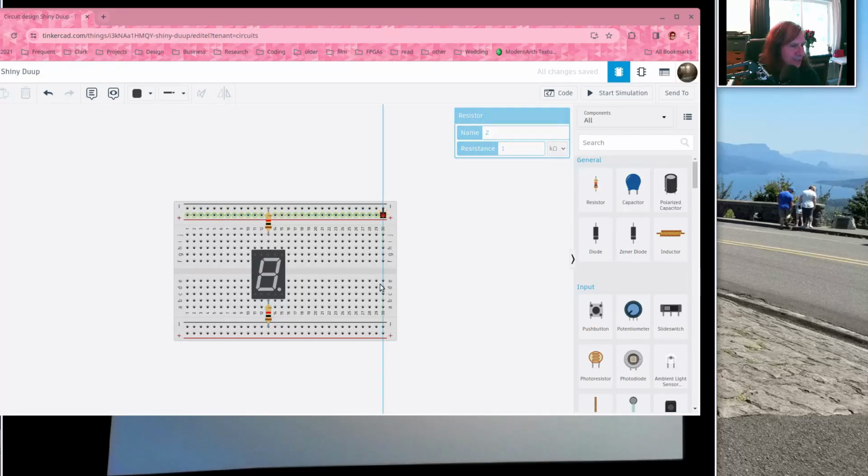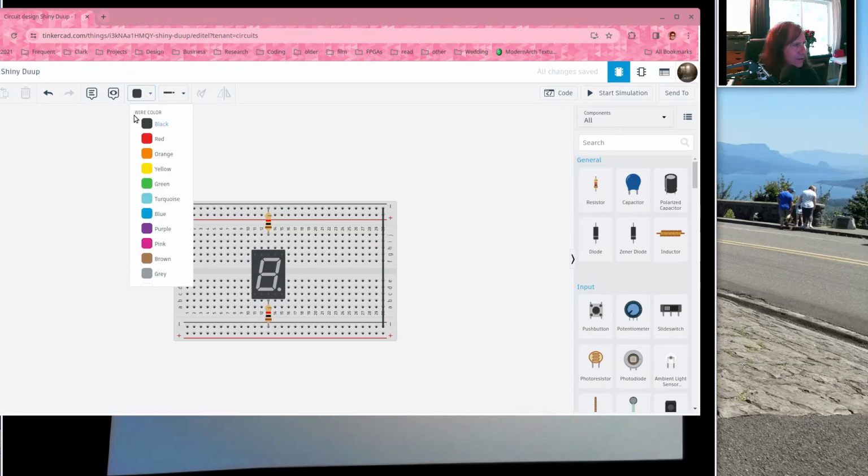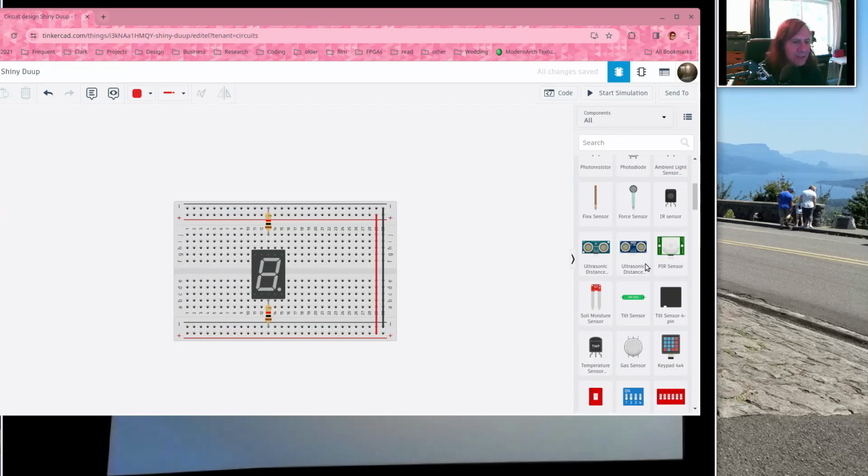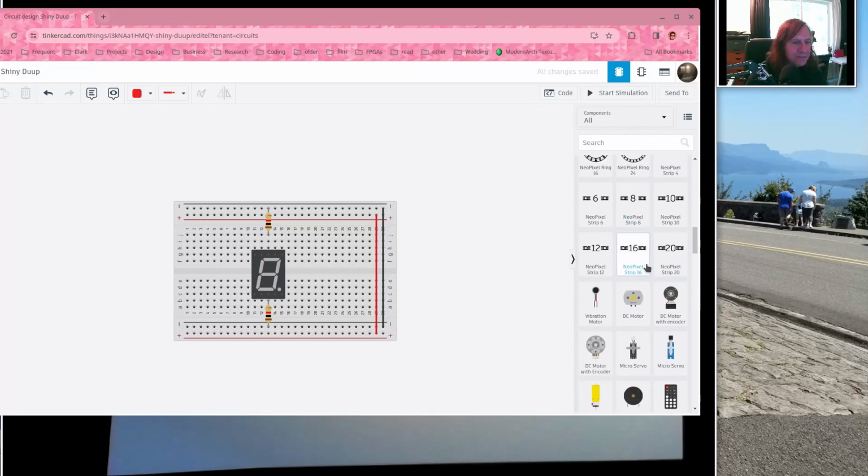So let me go ahead and connect our common ground lines together and connect our 2 power lines together. And let's bring a power supply in.